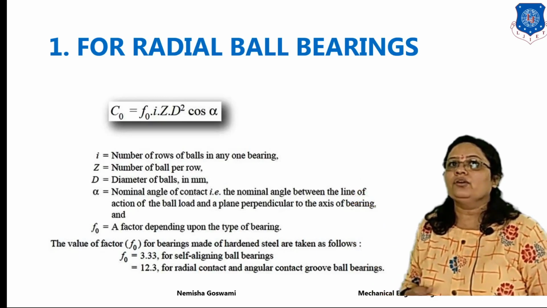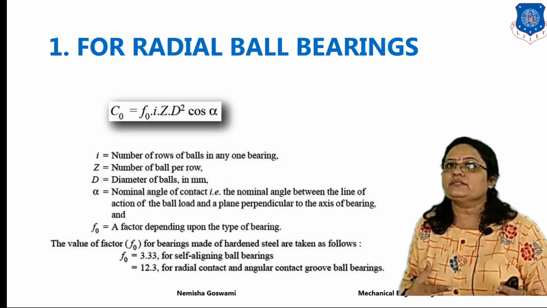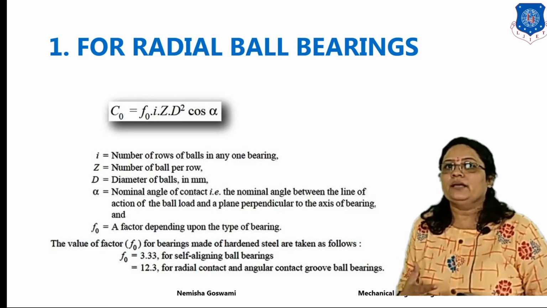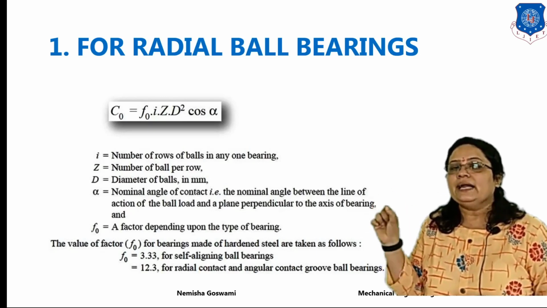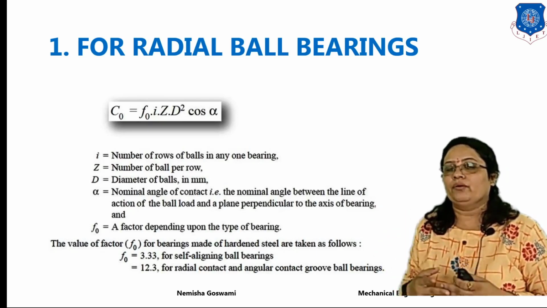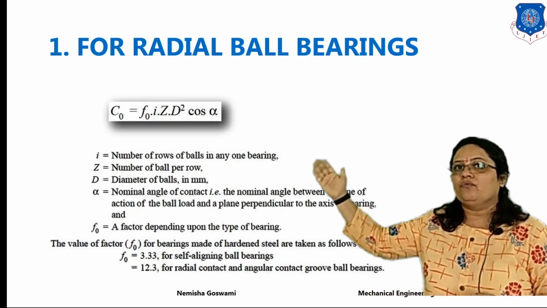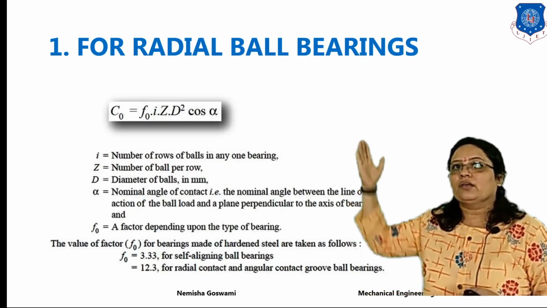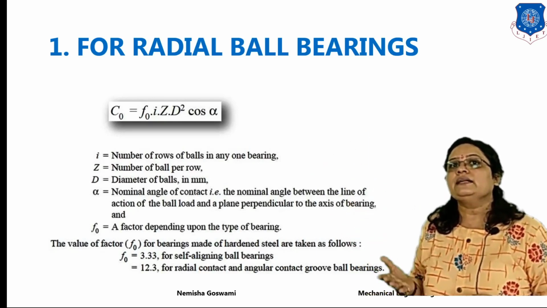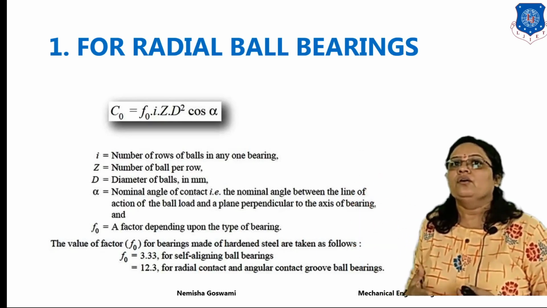Z is the number of balls per row. If we are using two rows in a bearing, Z is the number of balls in one row. And D is the diameter of the balls, because we are talking about ball bearing. When this condition is used for roller bearing, the diameter will change to the roller diameter.